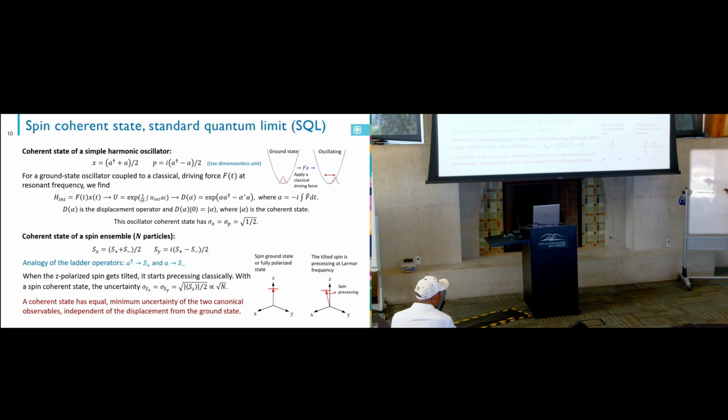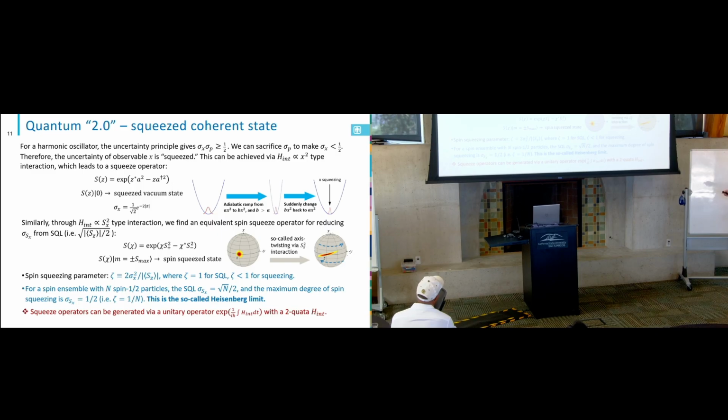So let me come back. The upper and the lower hemisphere actually rotate in opposite directions, and this kind of shearing force changes the original spin distribution into this shape. And this is the very famous so-called one-axis twisting idea. By doing this, we will see there's a direction of the spin vector which gives you smaller uncertainty.